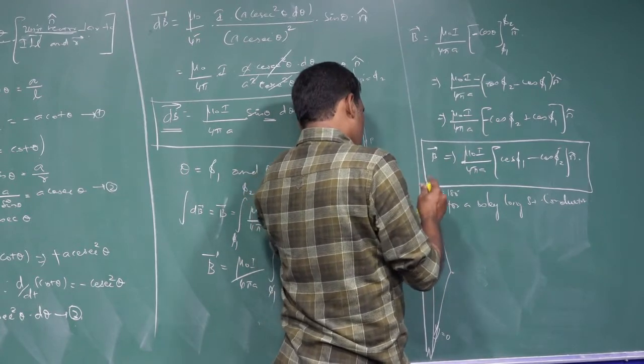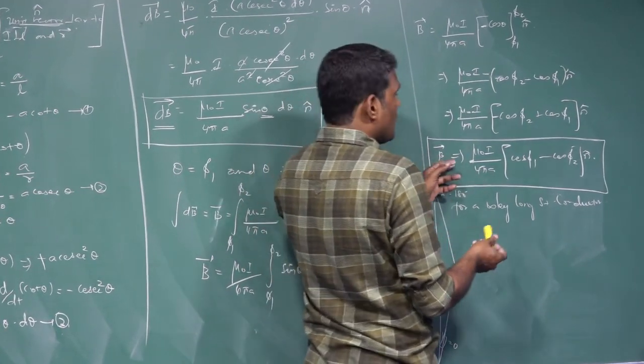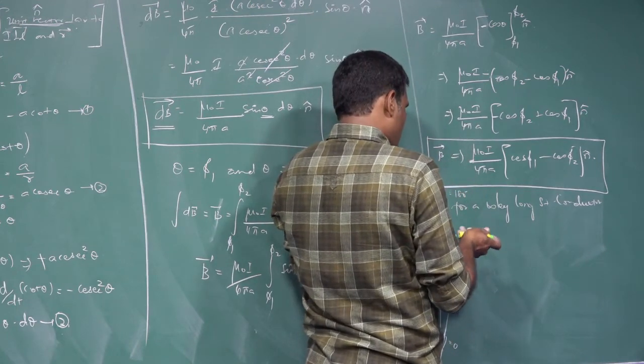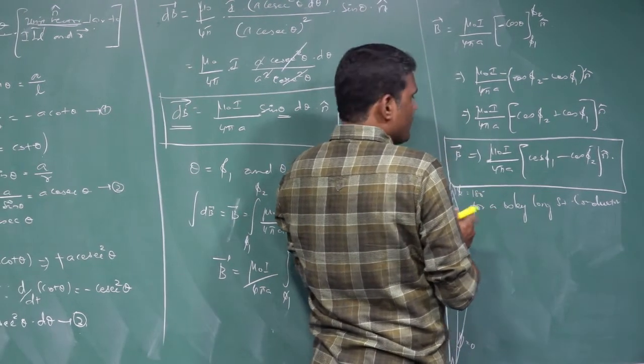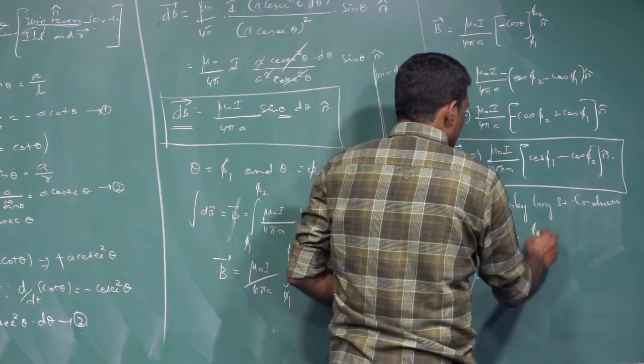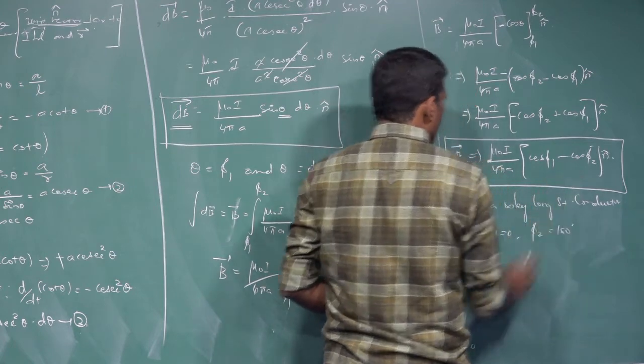This expression is for a finite length of the conductor. For an infinitely long straight conductor, phi 1 goes to 0 and phi 2 becomes 180.